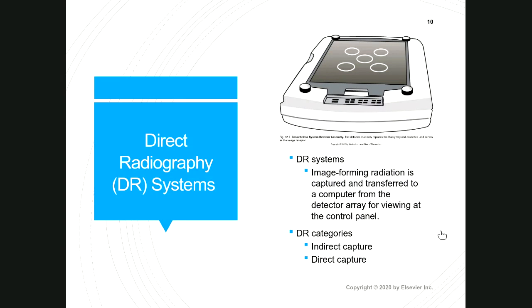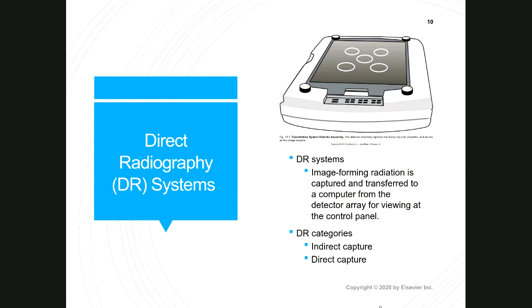And they tell us that with the DR systems, we can have either indirect capture systems or direct capture systems. So when you work with a DR system, you either have indirect capture or direct capture.